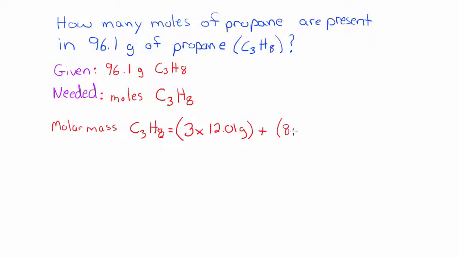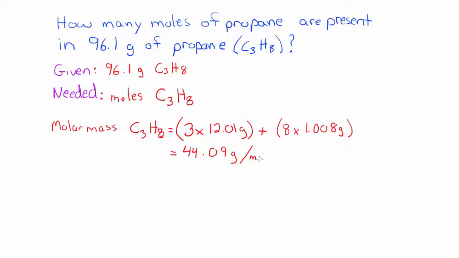We've got 8 hydrogens in propane. And then you look at the mass of 1 mole of hydrogen taken from the periodic table, 1.008 grams. Okay, so then when you add all of that up, you should get 44.09 grams. And that is how much 1 mole weighs.